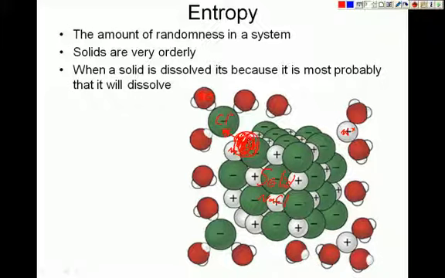Another possible direction is it can go this way, or this way, or this way, or it can even go this way, or this way. In other words, what I'm showing right here is that the chlorine ion could go in very close to infinite different directions.